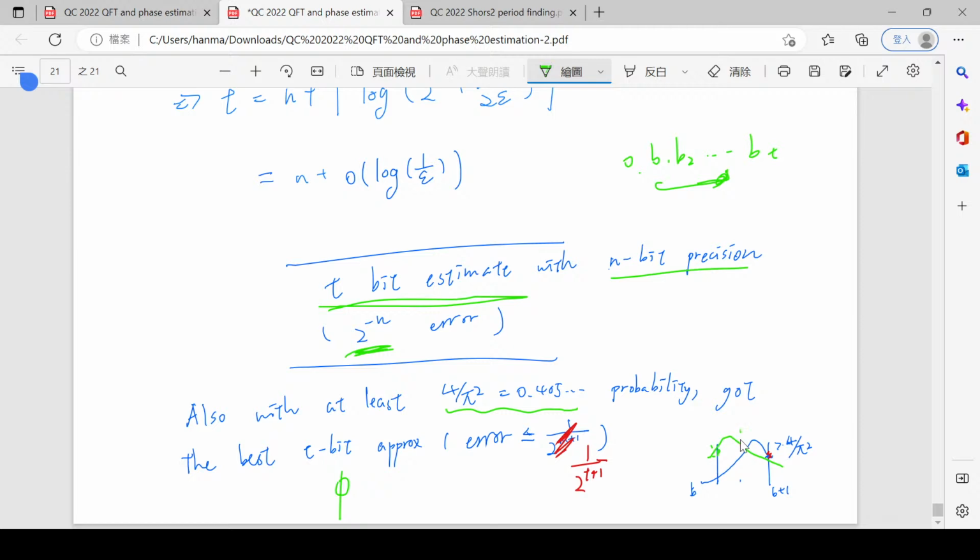If you want to balance, it's exactly in the middle, where your delta equals 1/2. Anyway, the highest point will be more than 40%. So even if you take all T bits, you have a very good probability of getting a very good estimate. It depends on how you define good, but this is a constant probability of getting the whole T-bit string correct.